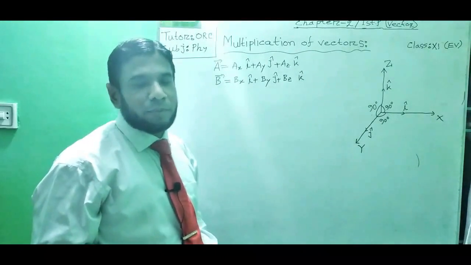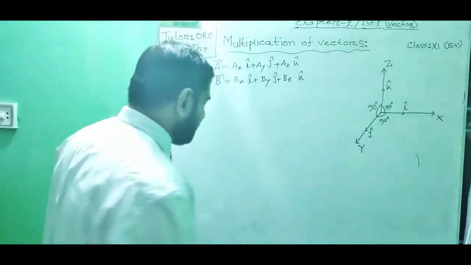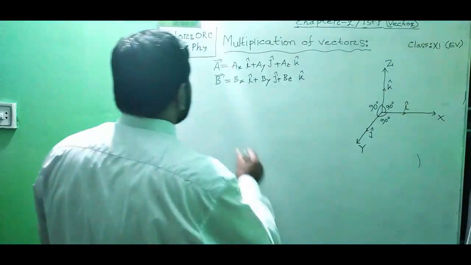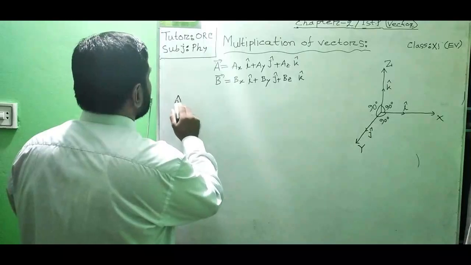Let us discuss this. Suppose now we multiply these two vectors according to the dot product.